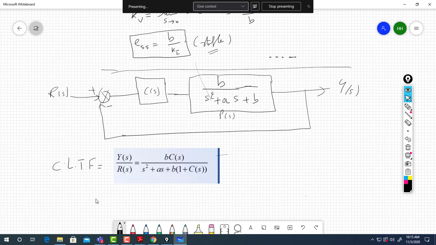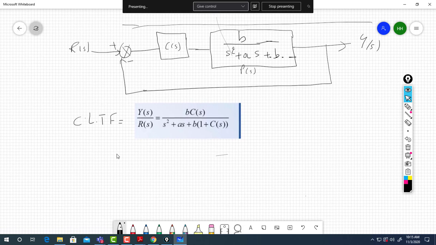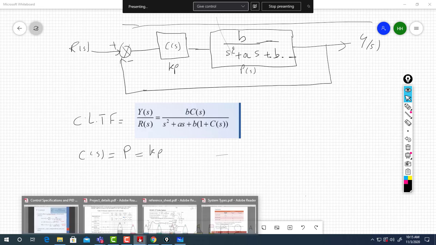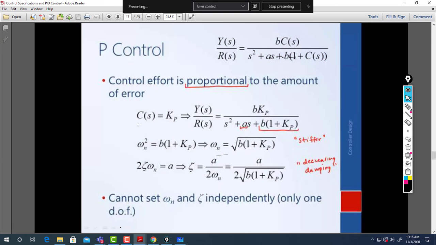So now, once you have the closed loop transfer function, let's study different scenarios. First scenario, when C of S equals Kp, a proportional controller. Just replace C by Kp, and this is your closed loop transfer function.